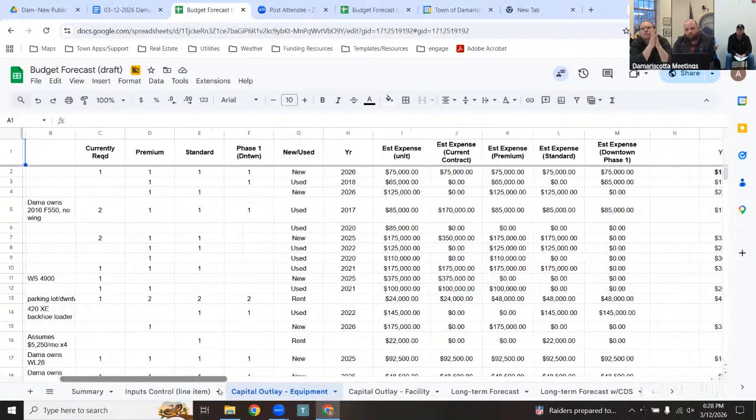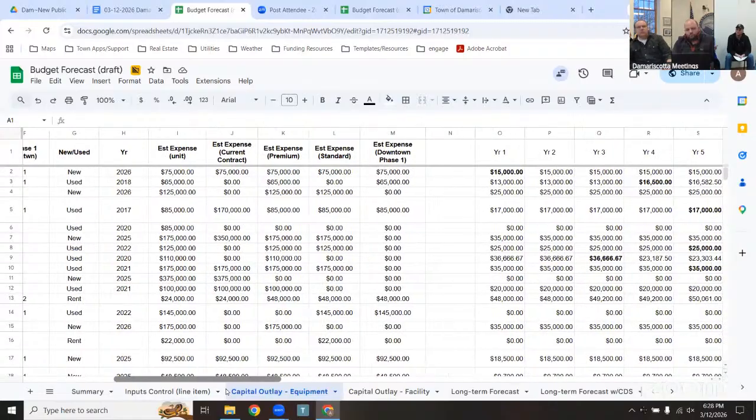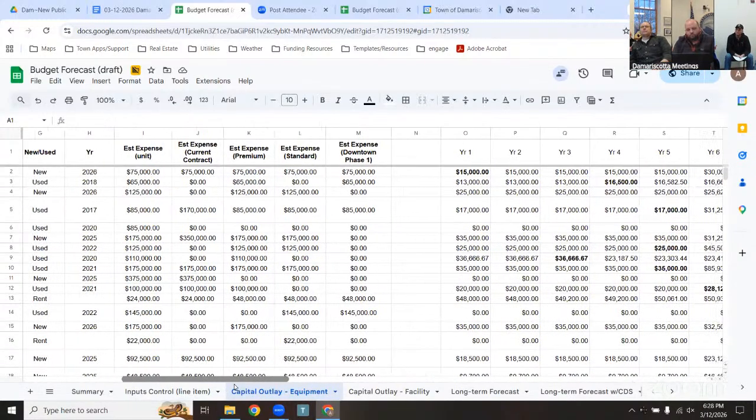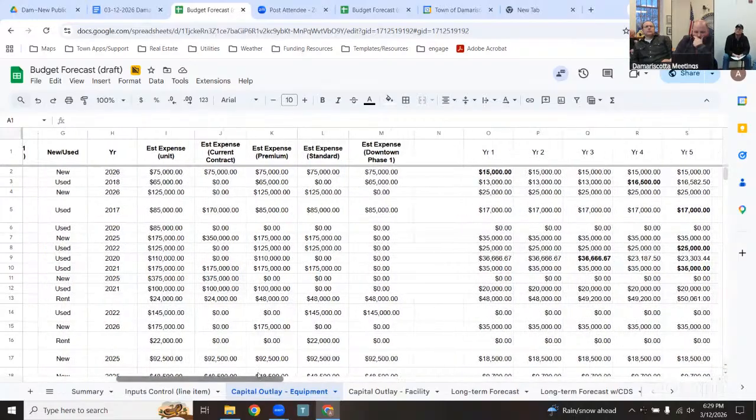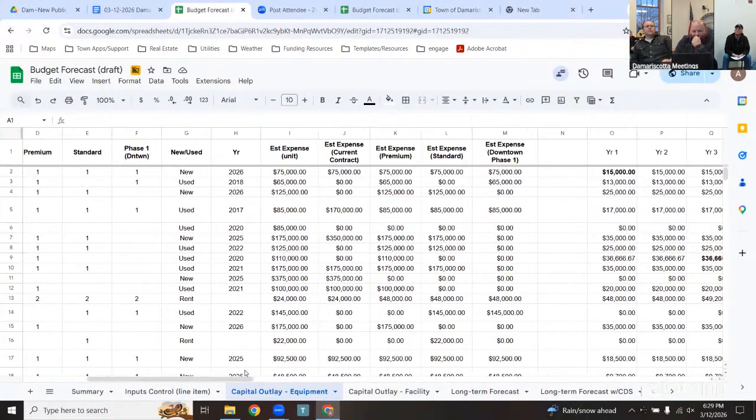Andy made assumptions about how many pieces of equipment we expect in our contracts now. That's where you see estimated expense, current contract, in row J. This shows what our contract says about the type of equipment we need, and he has estimated expenses of those. So if we were to mirror that, what pieces of equipment do we need for premium?